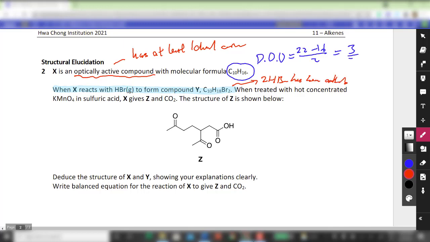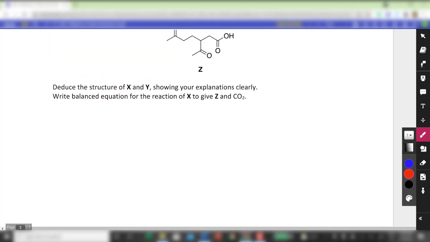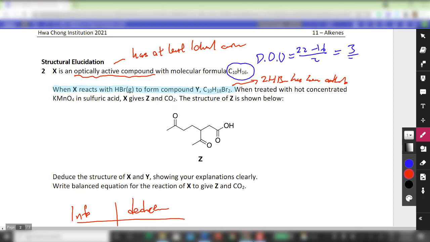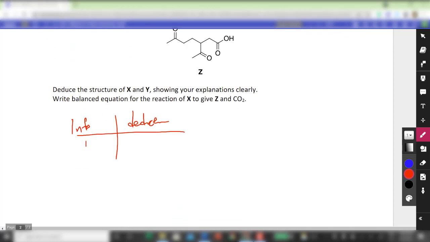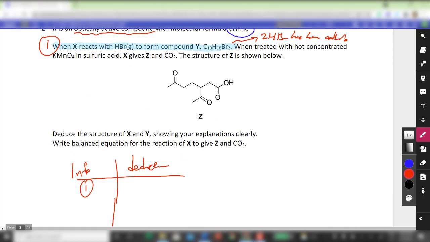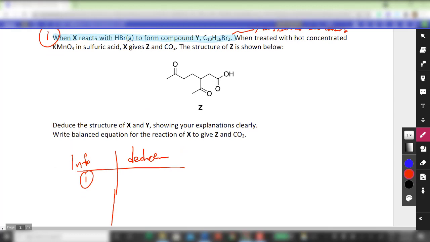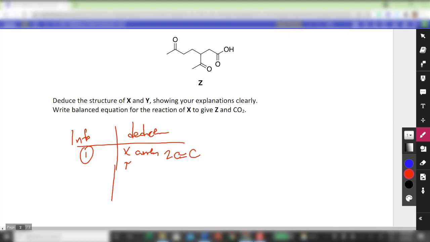When you are writing out your deduction, make sure you tabulate the information given to you. So you can have info, and then you can have deduction. This particular information, point number 1, actually tells you that my unknown X contains 2 CC double bonds, and electrophilic addition occurs.